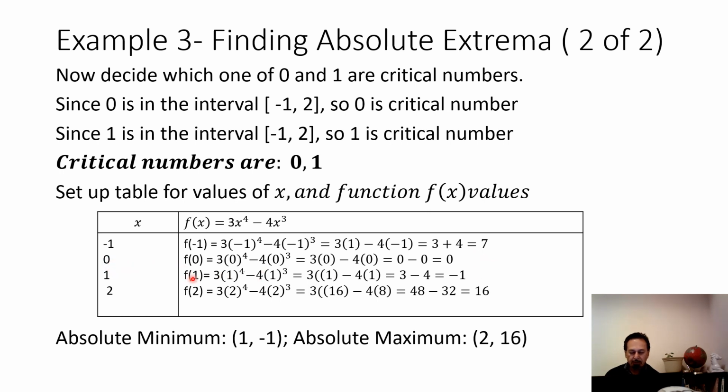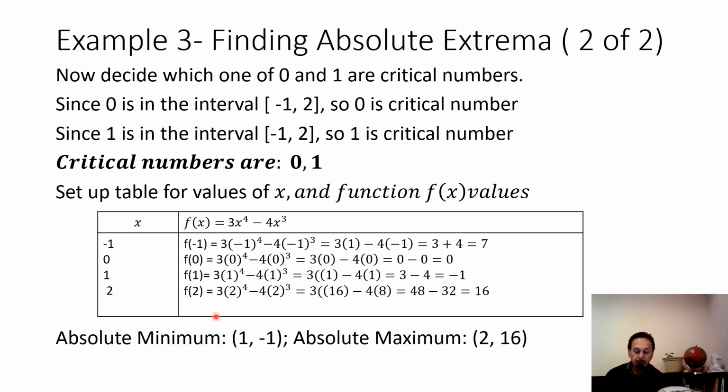Now we substitute 0, f of 0. So 3 times 0 to the 4 minus 4 times 0 cubed. 0 to the power 4 is 0, so it becomes 3 times 0, and 0 cubed is also 0, so 4 times 0. 3 times 0 is 0, 4 times 0 is 0, so we get 0. Now we substitute 1: f of 1 equals 3 times 1 to the 4 minus 4 times 1 cubed. 1 to the power 4 is just 1, so 3 times 1 minus 4 times 1. 3 times 1 is 3 and 4 times 1 is 4, and 3 minus 4 is negative 1.